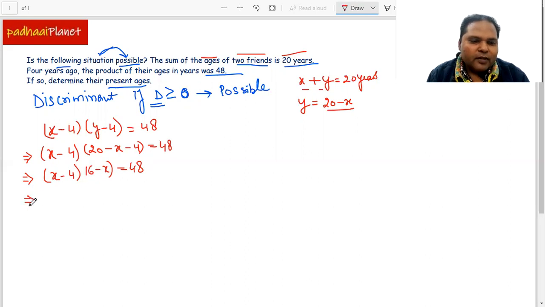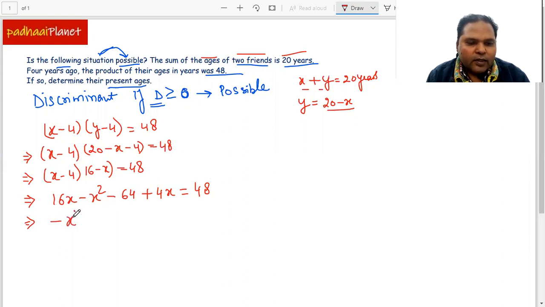Expanding these two brackets, this is 16x minus x square minus 64 plus 4x, all of it equal to 48, right? Further simplifying, we have negative x square.